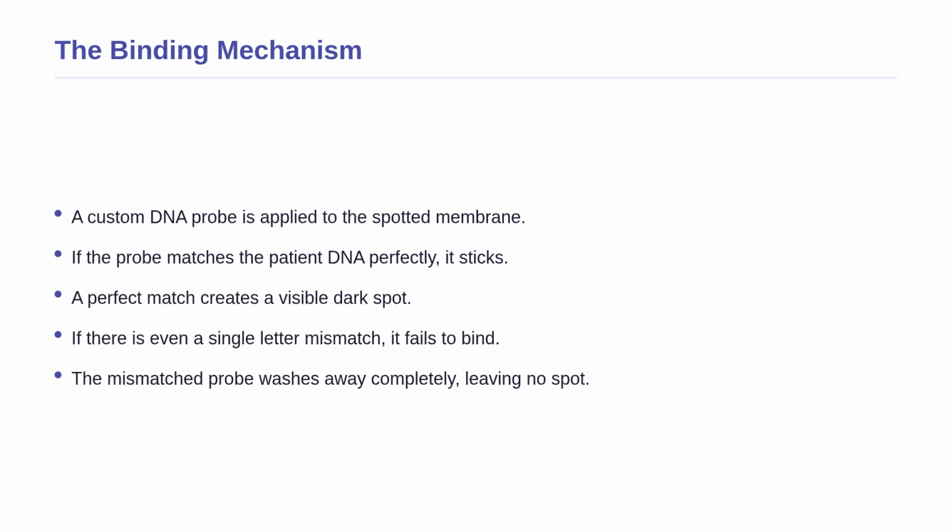However, the magic of this technique lies in its strictness. If there is even a single letter mismatch between the probe and the patient's DNA, the binding is too weak. During the washing step, the mismatched probe washes away completely, leaving a blank space. This all-or-nothing binding is what makes the test so incredibly precise.